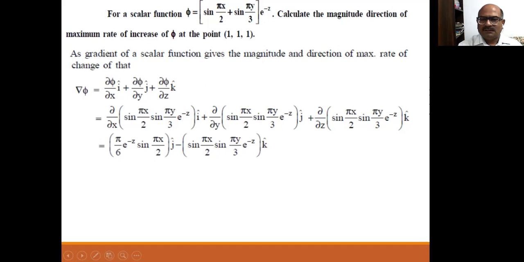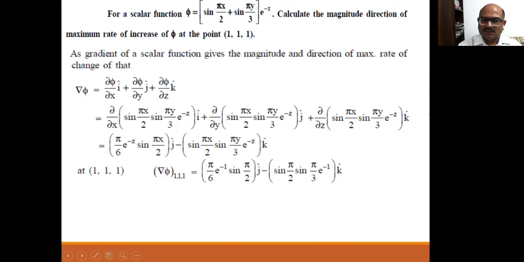We can solve it in a phased manner, and after that we introduce the point given in the question: x is equal to 1, y is equal to 1, and z is equal to 1. So we got the final del phi at that point, which is 0.192 j cap minus 0.318 k cap. While finding this value, you can easily calculate it using your scientific calculator.